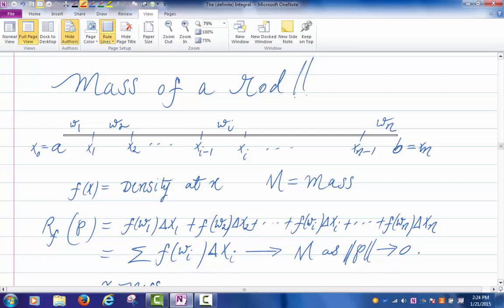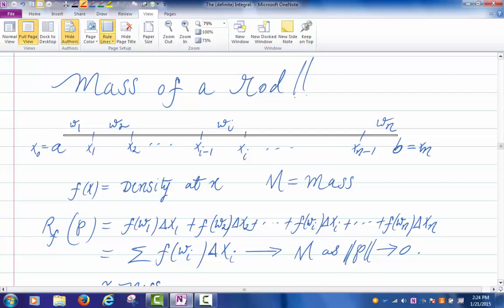You agree with that? Whatever the rod is, I put it on the real number line, and it goes from A to B. And let's say the function f gives you the density of the rod at any point x. The value of f is the density of the rod at x.